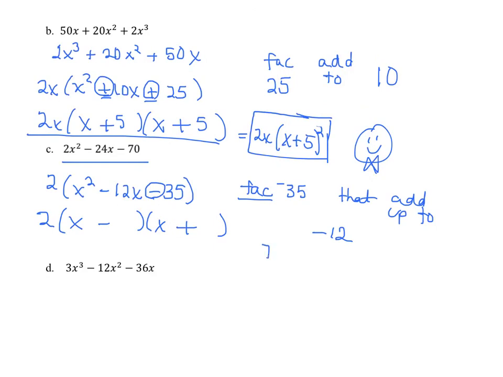How about negative 7 and negative 5? Well, sure, that adds up to negative 12, but it does not multiply together to get a negative 35, does it? So we can't use these. And then I'm thinking, well, 35 and 1 isn't going to add up to a negative 12. So this is what we do.